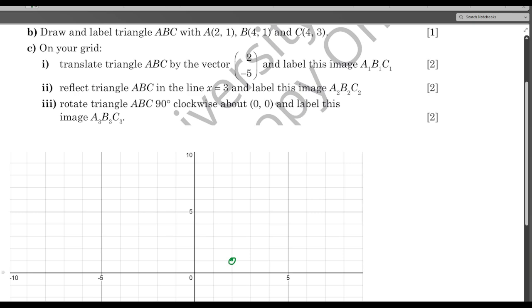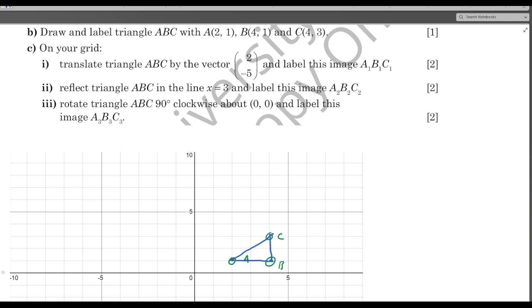This is your point A. B is 4 comma 1, so 1 2 3 4, 4 comma 1 is a point. This is your B. And C is 4 comma 3, so 1 2 3. This is your C. So you will get a triangle ABC like this.